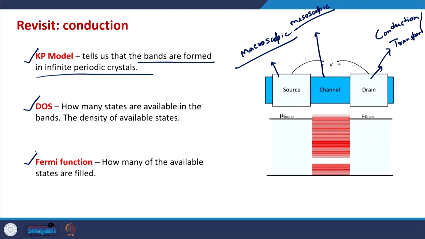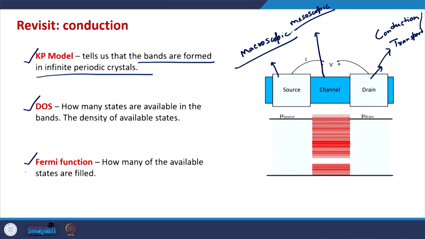Now, finally, what we need to see is how many of the available electronic states are filled with electrons in equilibrium. So, when there is no transport, nothing is happening in the device, in the equilibrium situation, how many of the available electronic states are filled and how many of them are empty.